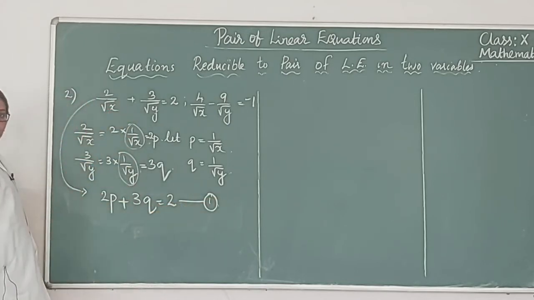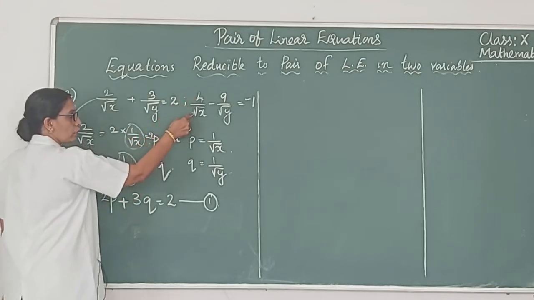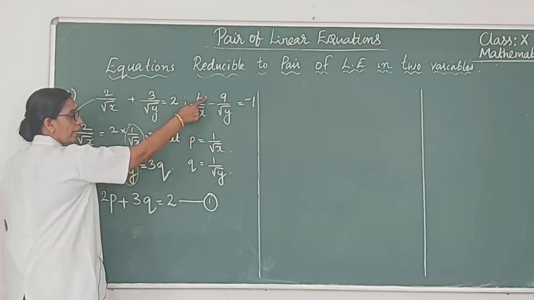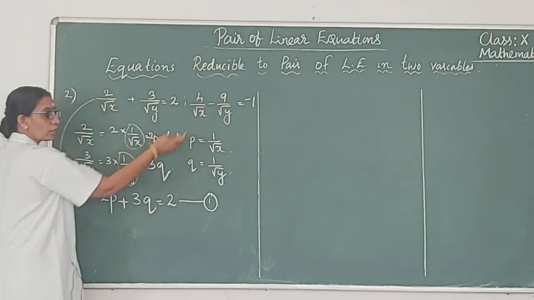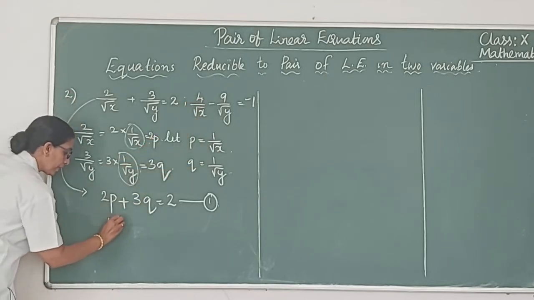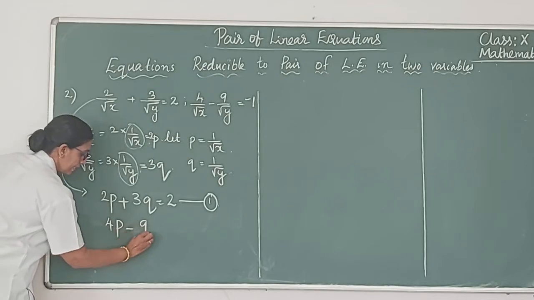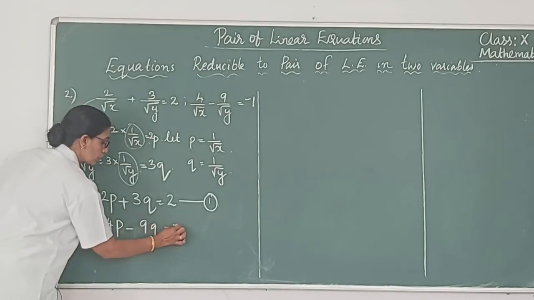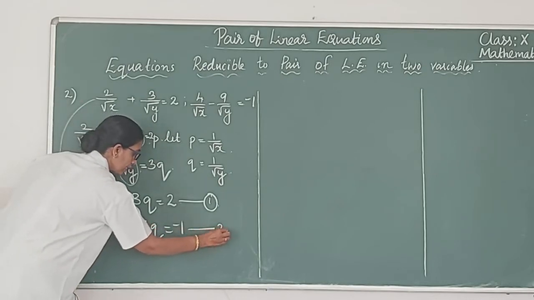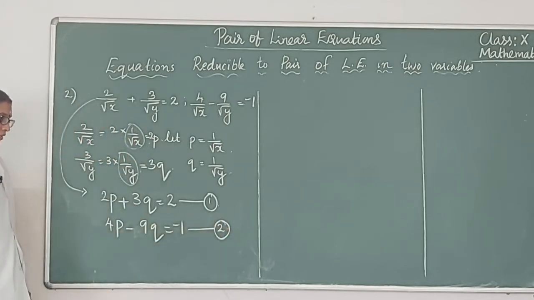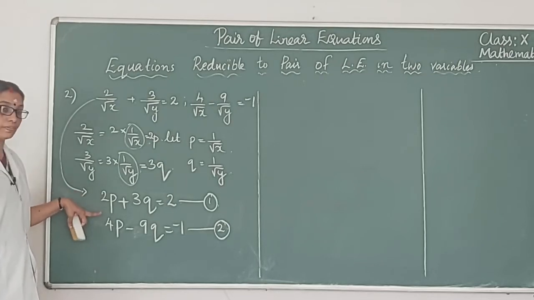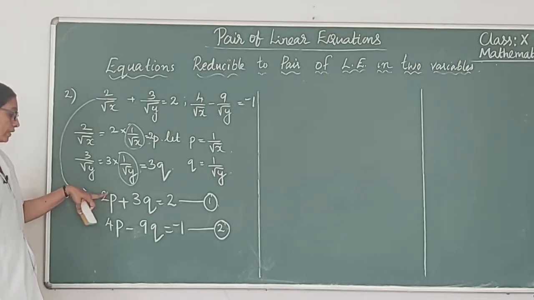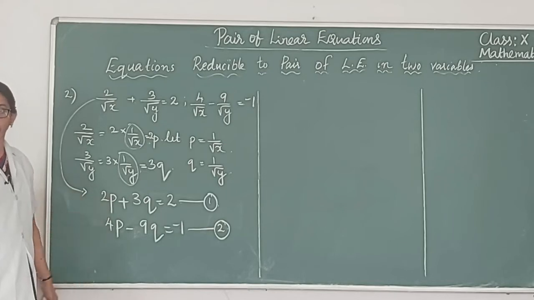And second equation can be written as 4 by root x means 4 into 1 by root x. So 1 by root x is p. So 4p. 4p minus 9q equal to minus 1. This is equation 2. Okay. Now we have to solve these two equations to get the value of p and q.